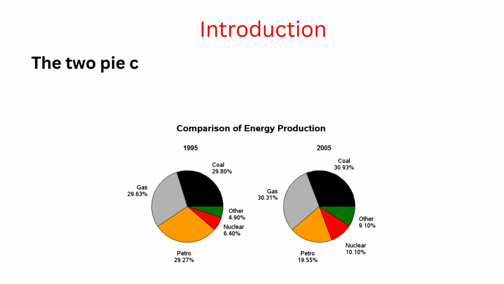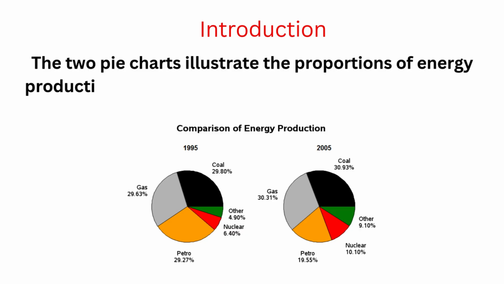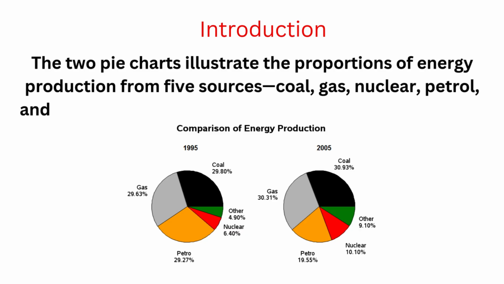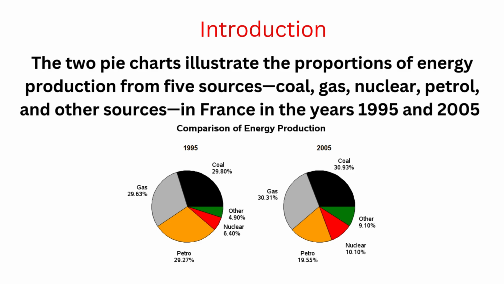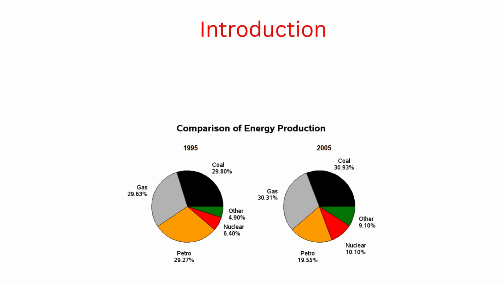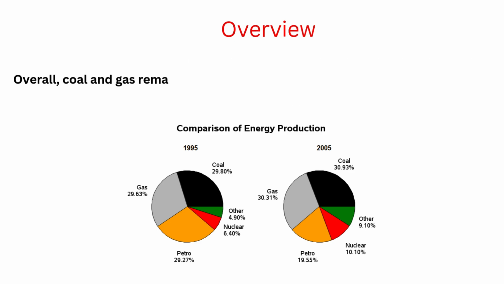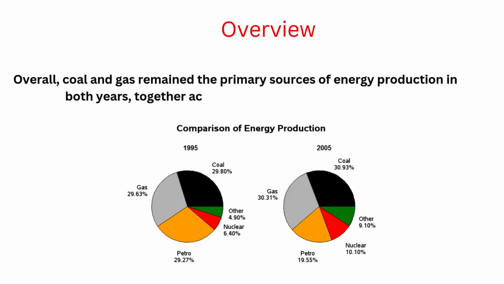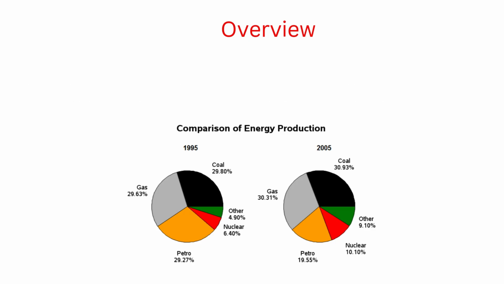The two pie charts illustrate the proportions of energy production from 5 sources: coal, gas, nuclear, petrol, and other sources, in France in the years 1995 and 2005. Overall, coal and gas remained the primary sources of energy production in both years, together accounting for over half of the total.